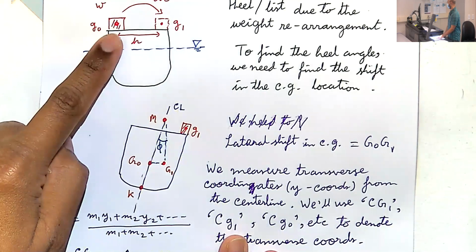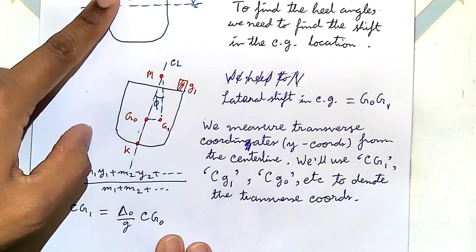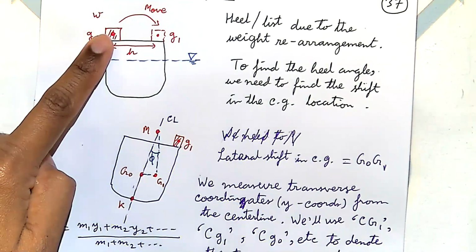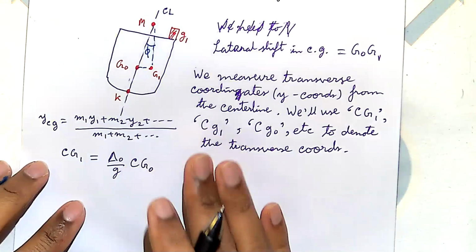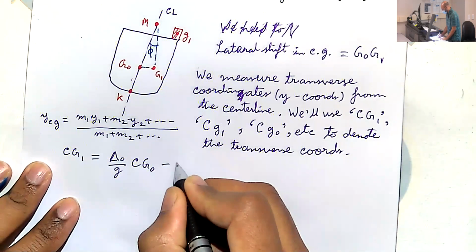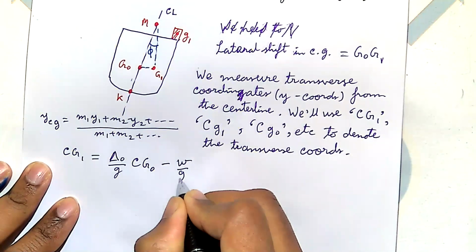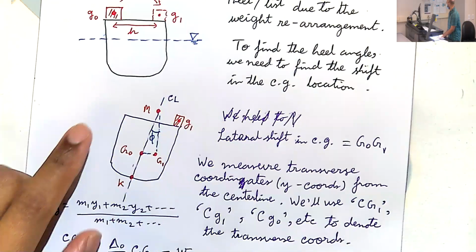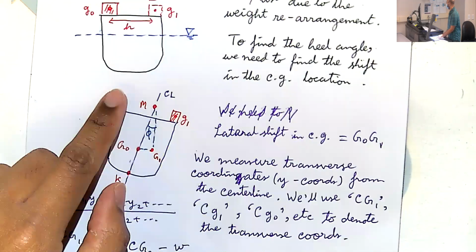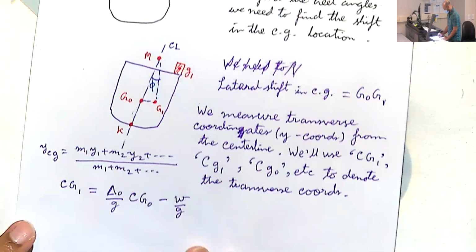So you would subtract the weight of that mass at that position? Yeah, so we do a negative mass, which is W over g, and that position we'll denote by CG0.